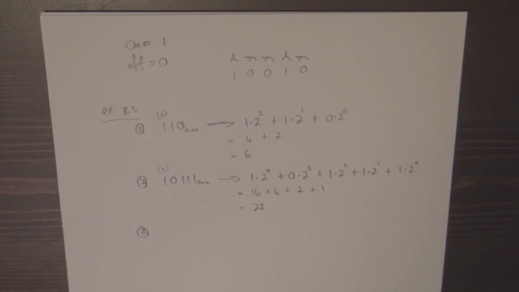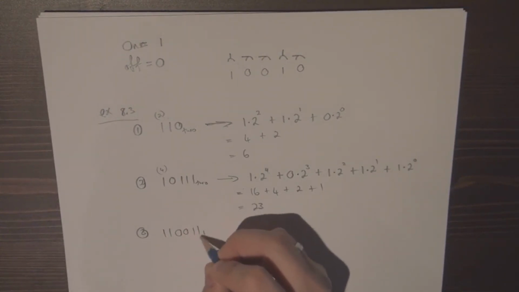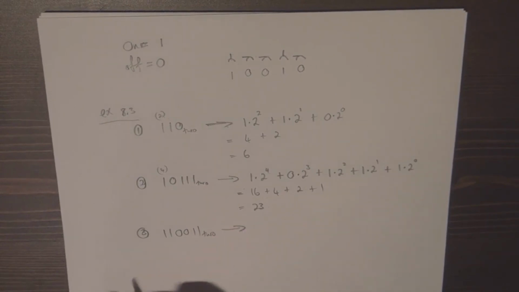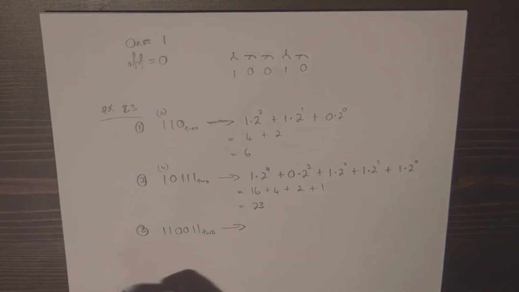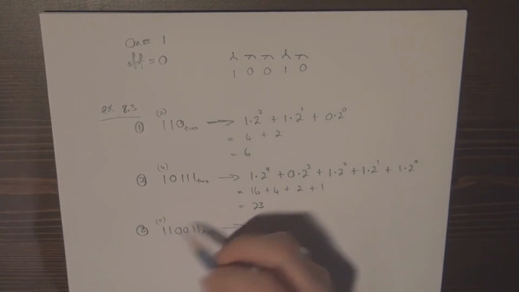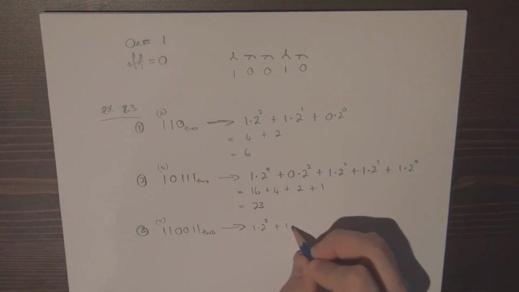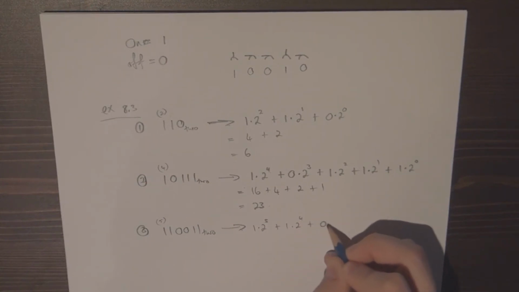We have our light bulbs on, off, off, on, on, on, off, on. I still need to make these too big to get the point. So we have 0, 1, 2, 3, 4, 5. So 2 to the 5 will be the biggest one, and one of them. Then a 2 to the 4.